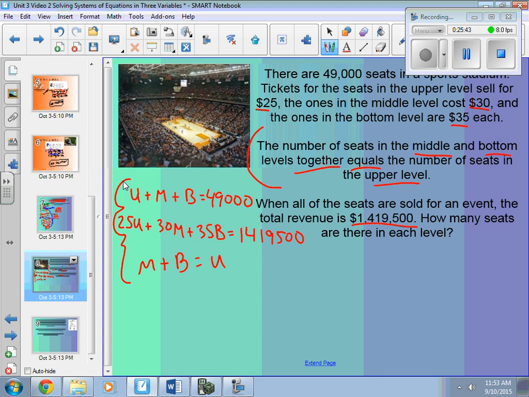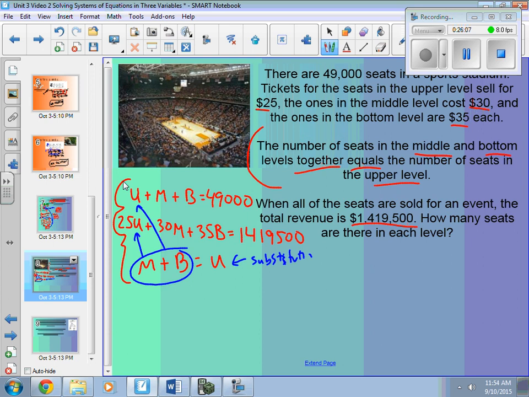This looks like another one here, this last equation, where you know what the upper level equals, we could do some substitution. So let's substitute in m plus b anywhere we see a u. So for there and here.